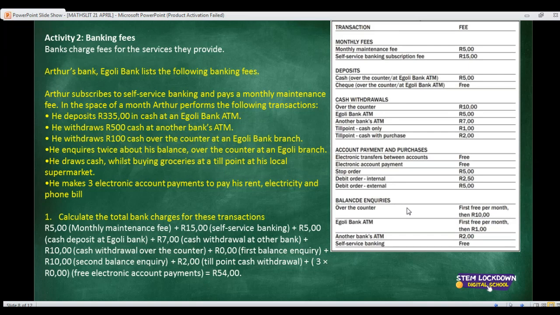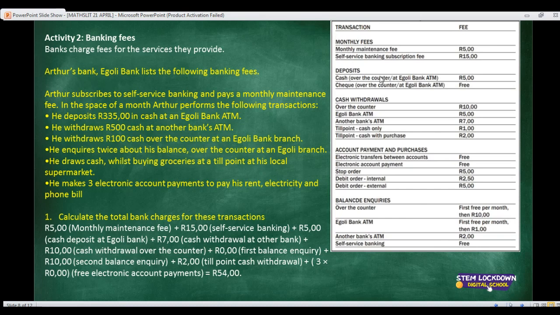It's a guideline to show you that if you look at the top there, these are the transactions on the left and the fee on the right. So the monthly maintenance fee is an amount you would pay monthly, regardless of whether you use the account or not. You would pay 5 rands every month for this account.